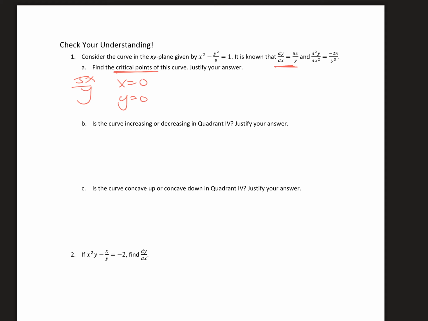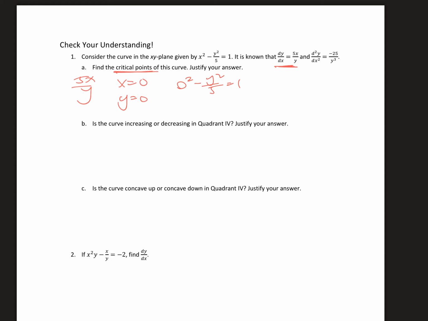So I'm going to go ahead and now plug these numbers back into the original equation, to make sure they work, and also to find the x and y values. Keep in mind, we need x and y values. So I'm going to plug in the 0 first. I have 0 squared minus y squared over 5 equals 1.